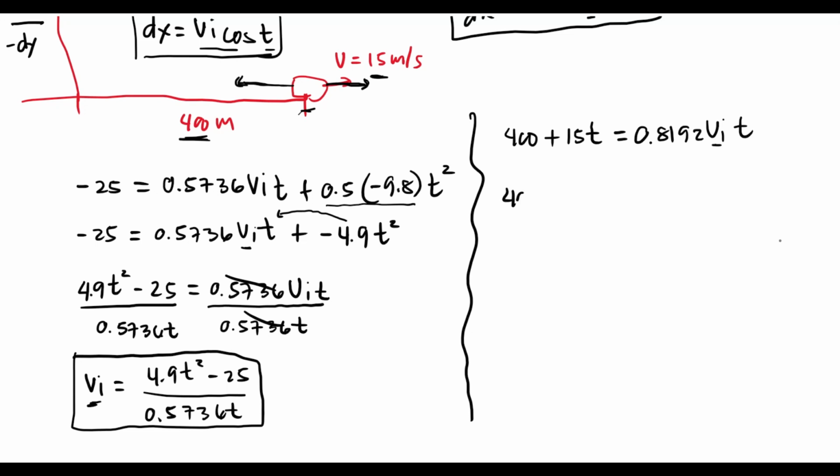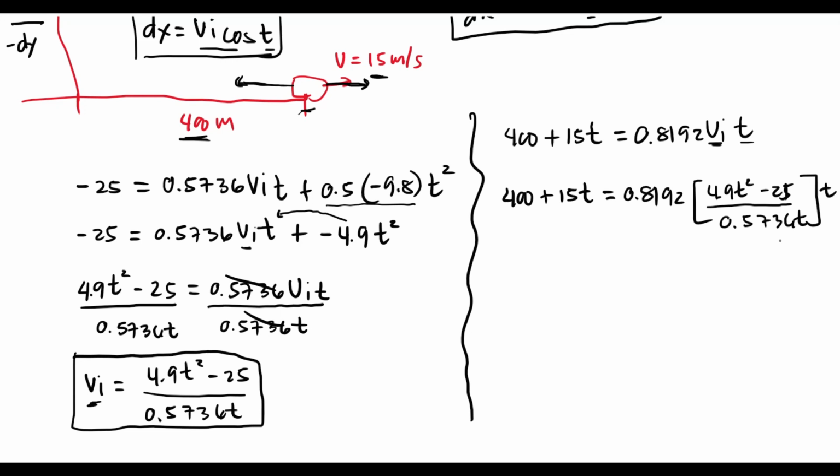So this becomes 400 plus 15 times the time equals 0.8192 times again Vi, which is 4.9 t squared minus 25, over 0.5736 times the time.